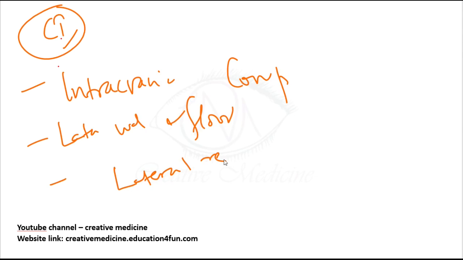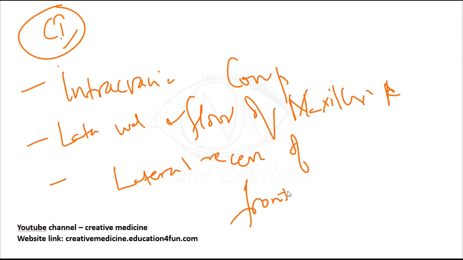In these conditions, functional endoscopic sinus surgery is contraindicated. The conditions are: intracranial complication of sinusitis, involvement of lateral wall and the floor of the maxillary antrum, and pathology localized to the lateral recess of the frontal sinus.